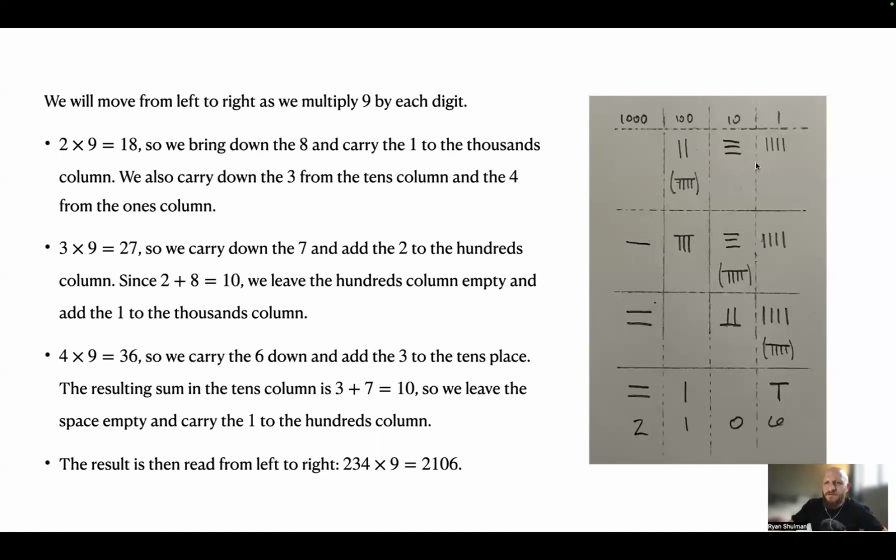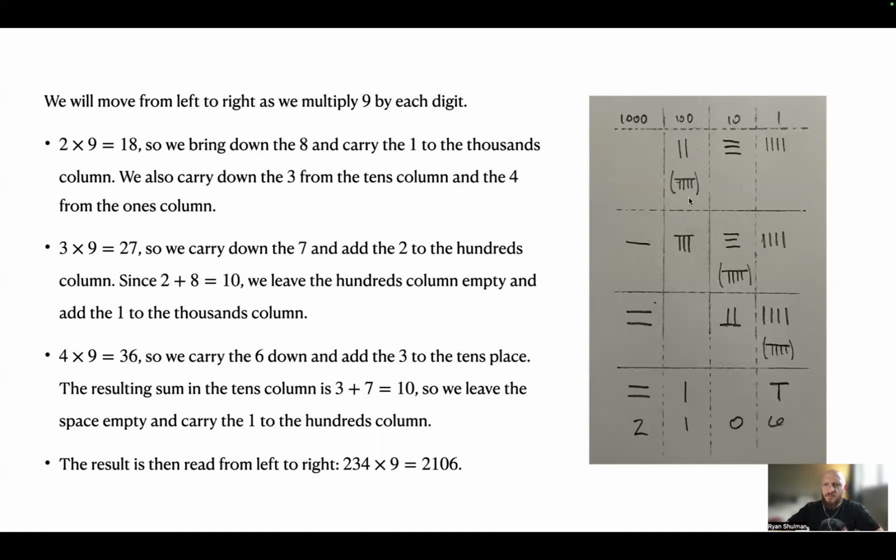And what I've done too is I've written in parentheses my 9. So here's my 9 numeral, and I did that so that I can show what numbers I'm multiplying together. I'm going to move from left to right, and so first I'm going to multiply my 9 by my 2. So 9 times 2 is 18.